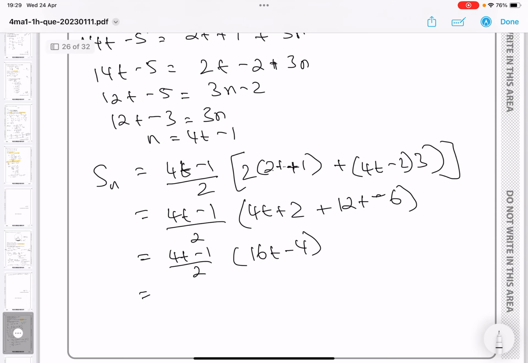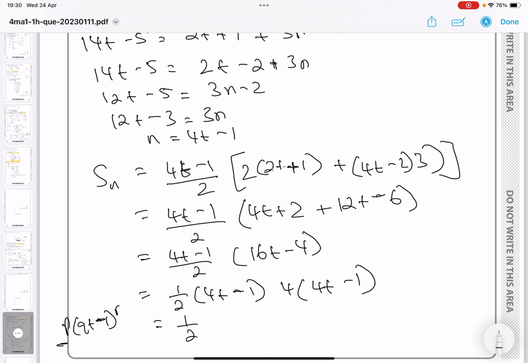So we want it as p in brackets qt minus 1 to the power of r. p is an integer constant, so I'm going to write half, because divide by 2 basically means multiply by half, times 4t minus 1. And here, 16t minus 4, we can factorize by taking 4 out, giving 4t minus 1.